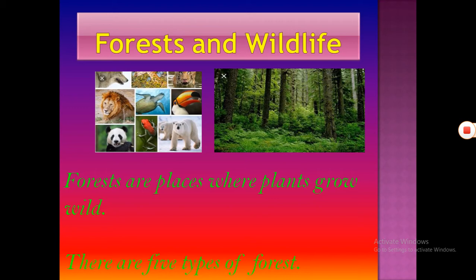A variety of plants grow there depending on the climate and soil conditions of the place. As India is a vast country, the climate varies from place to place. So, we have different types of forest. There are 5 types of forests.